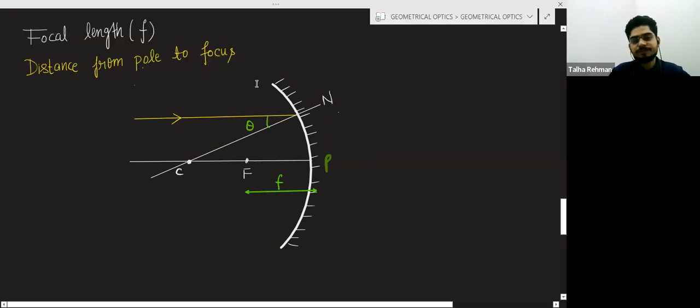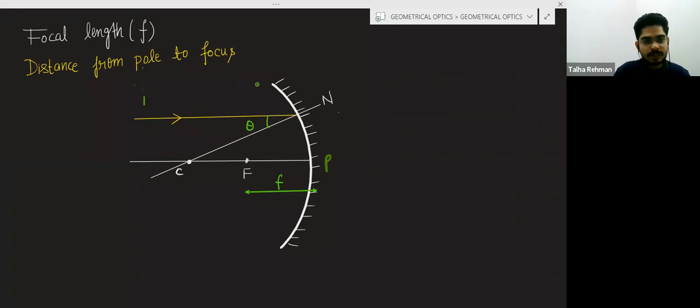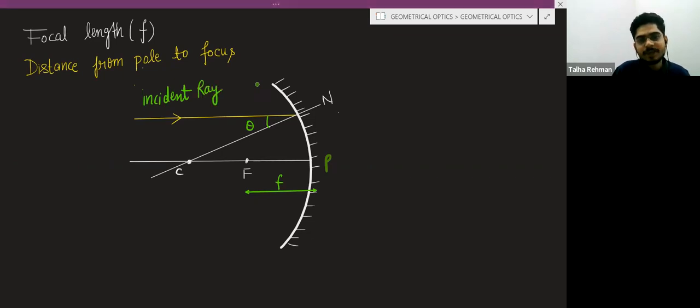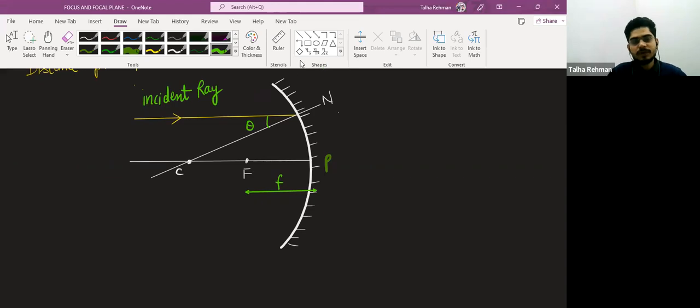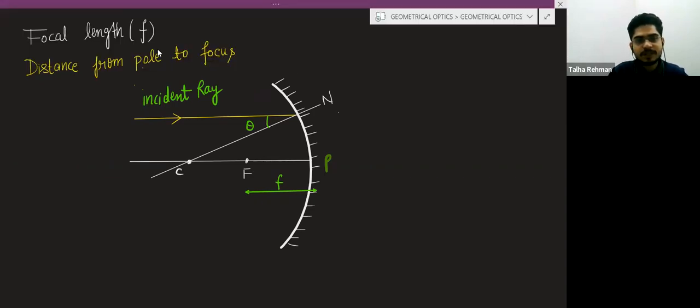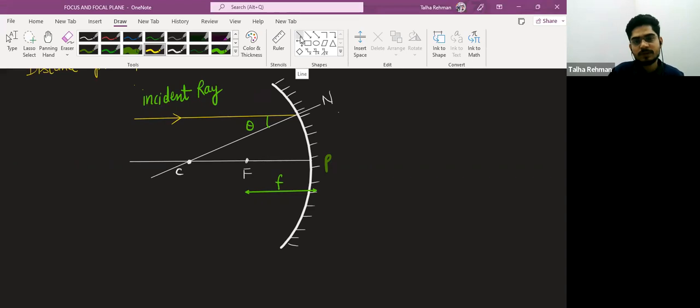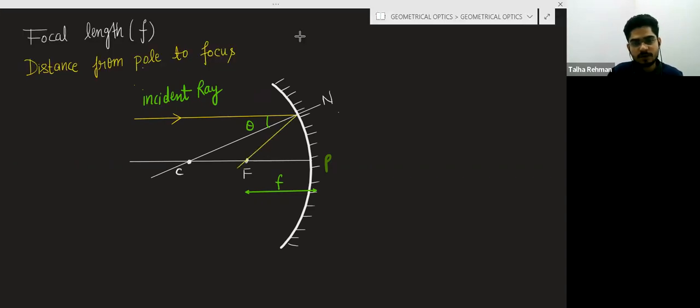If this angle is theta, this is the incident ray, and accordingly there will be the reflection also. After the reflection, this ray will pass through the focus. A parallel ray always passes through the focus. We will discuss this also. This will also be theta because angle of incidence is equal to angle of reflection.